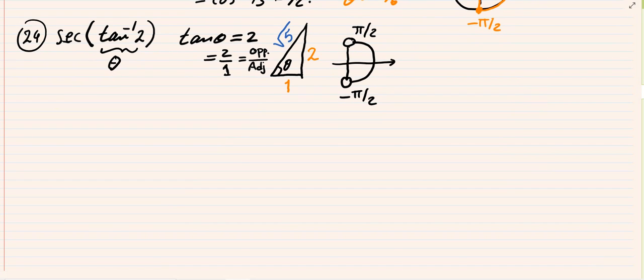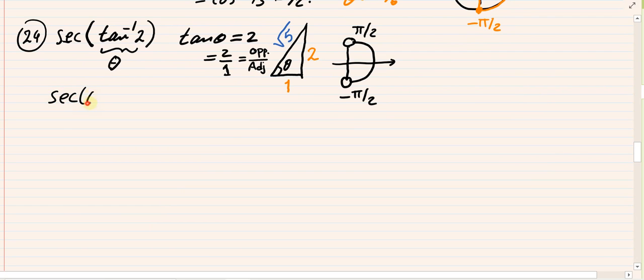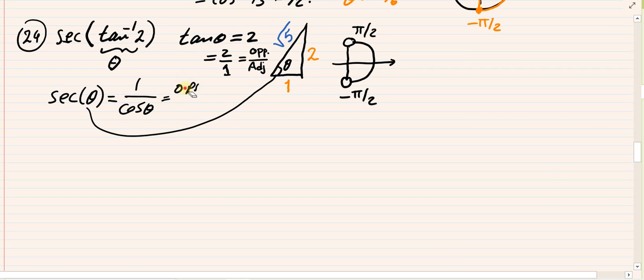Now from the triangle, this is like finding secant of theta. And here's my theta. You see that? I'm using secant as 1 over cosine theta. So that means 1 over adjacent to hypotenuse. So secant is the ratio of hypotenuse to adjacent. You can also do it that way.